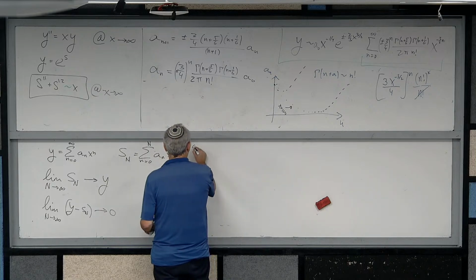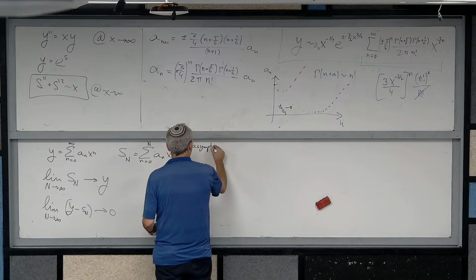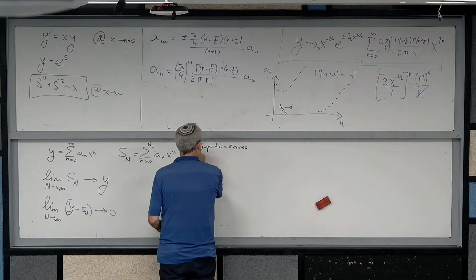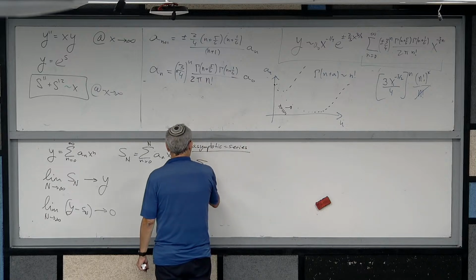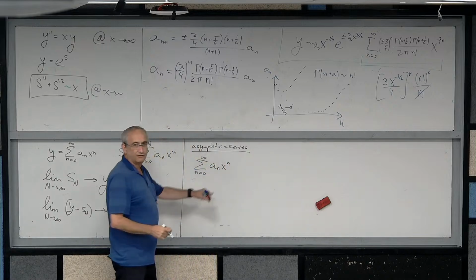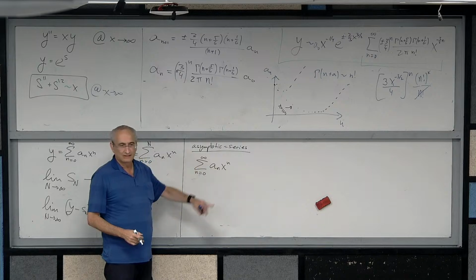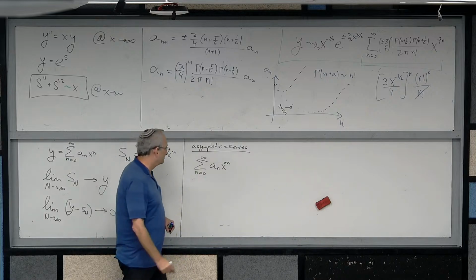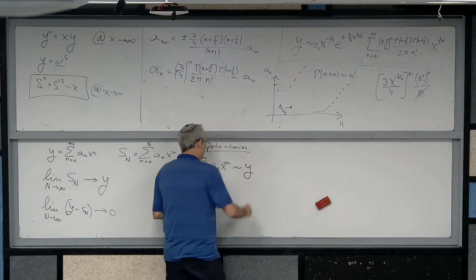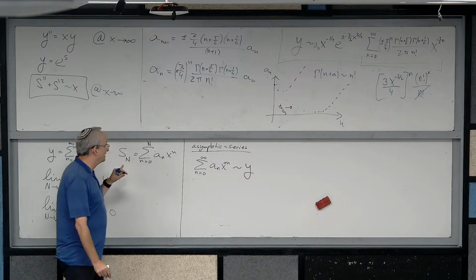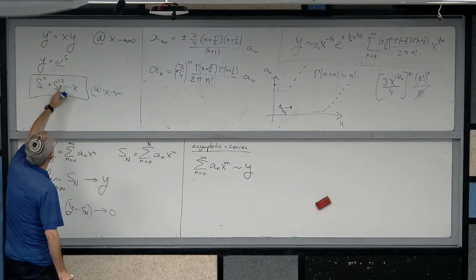Now what's happening in an asymptotic series? A series, the sum from n equals 0 to infinity of a_n x to the alpha n, for the moment it may be not integer powers, whatever you like, is asymptotic to y. Don't confuse this y with the solution of the Airy function.